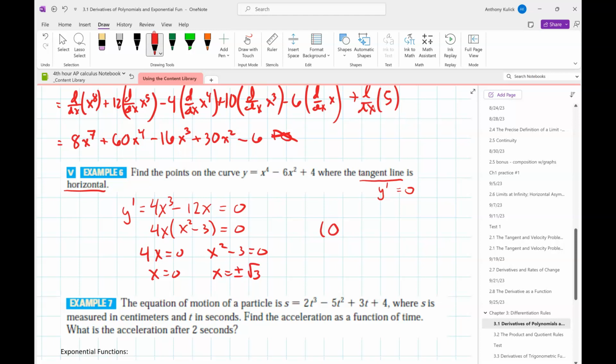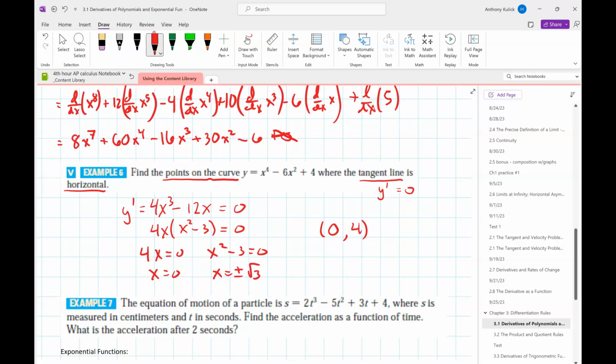So my points are 0. Where am I plugging that 0 back into? Y or y prime? Y. Points on the curve, they need to be on y, right?